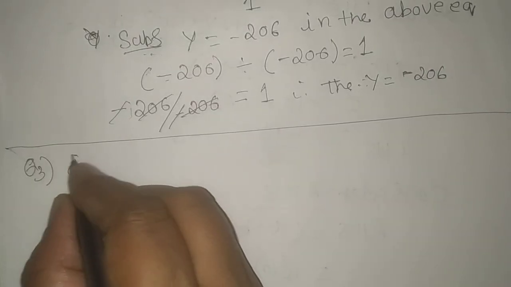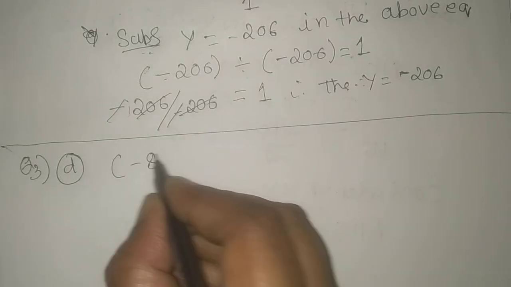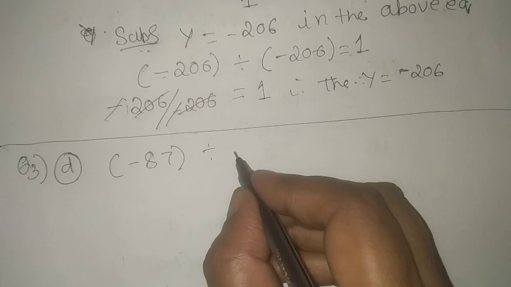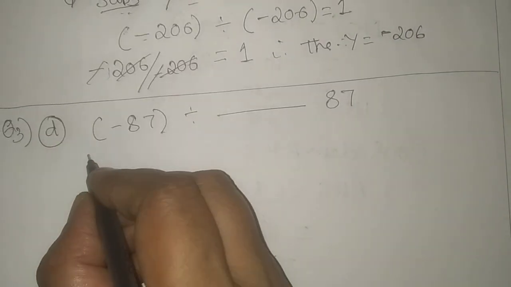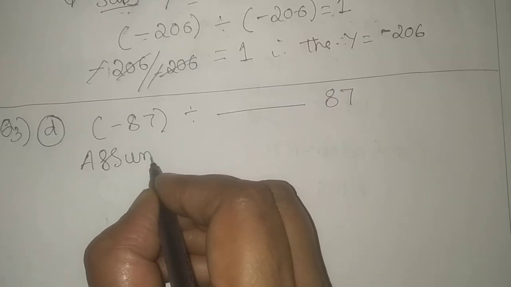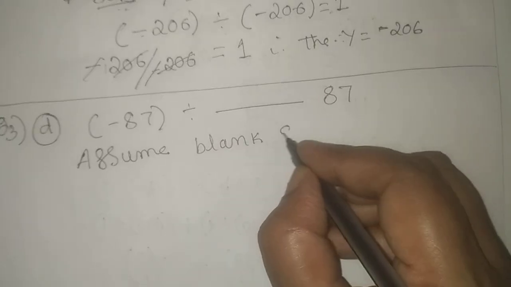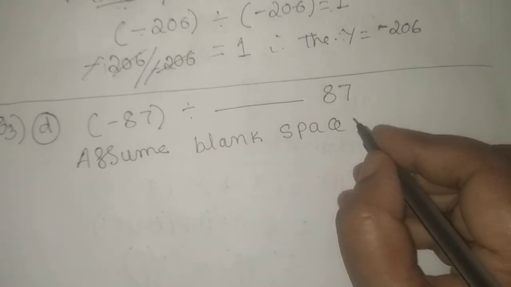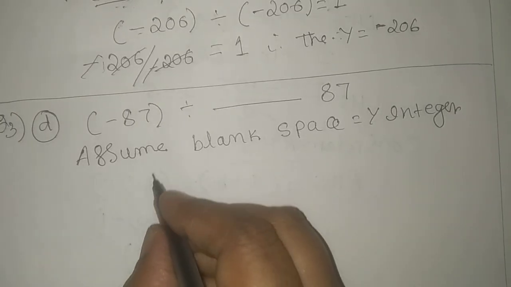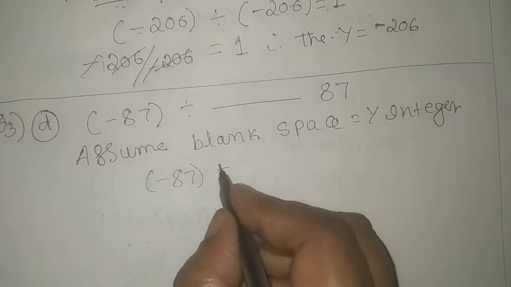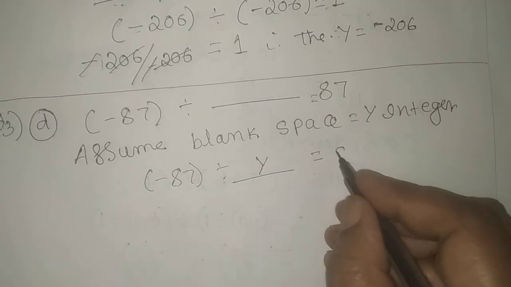Then we move on to D. Question 3, D is minus 87 divided by dash is equal to 87. Same thing here also, assume blank space is equal to y integer. Then substitute y here: minus 87 divided by y is equal to 87.